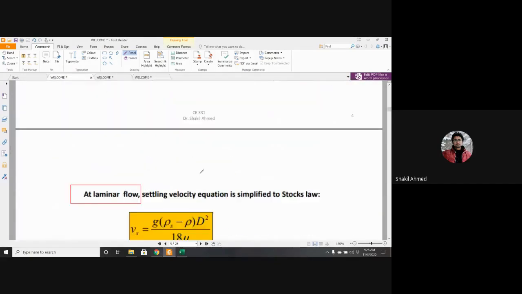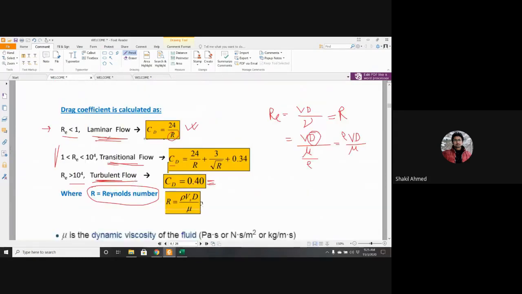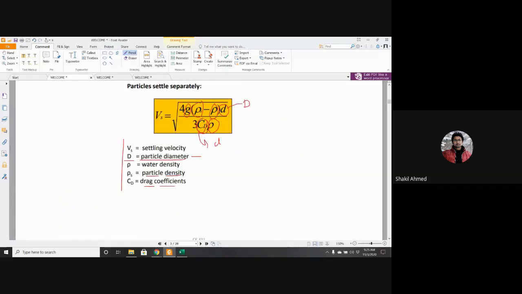By the way, in laminar flow condition, you can always replace CD with 24 by R. Right here, you can replace CD equals 24 by Reynolds number.